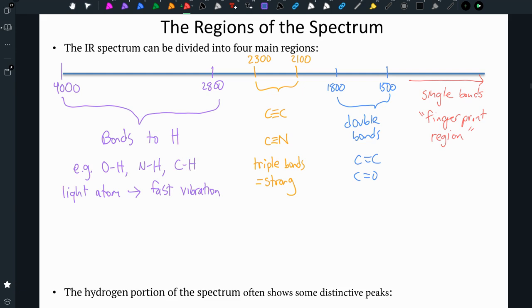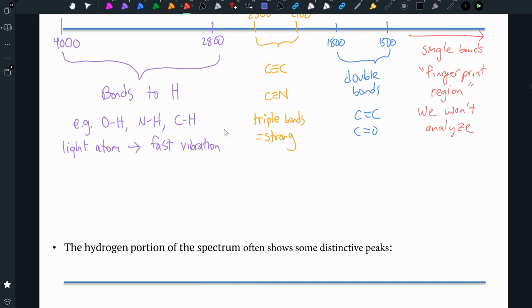And usually, if you get a perfect match between a known sample's IR spectrum and a new sample's IR spectrum, you can say, okay, this is a perfect match. This is what that chemical is. We're not going to focus on this. You may, in a future organic chemistry class, be told to try and glean some information out of it, but I'm not going to tell you to do that.